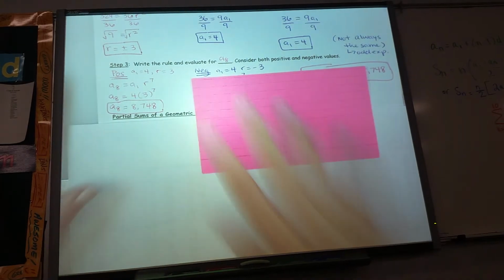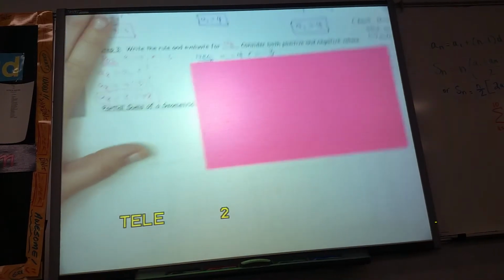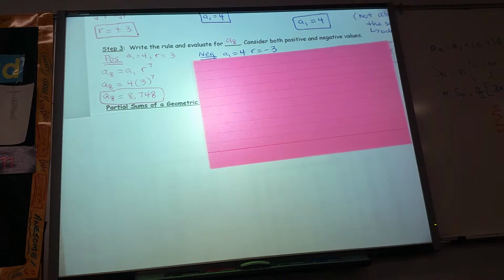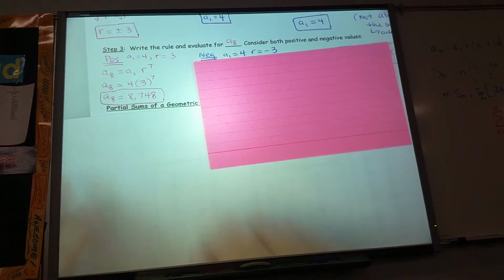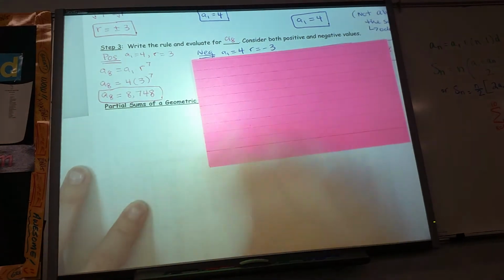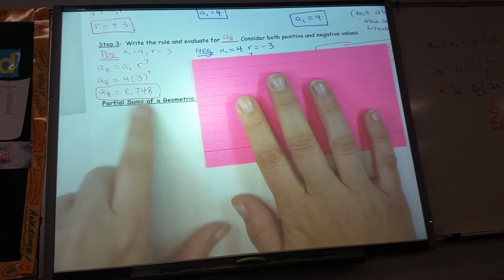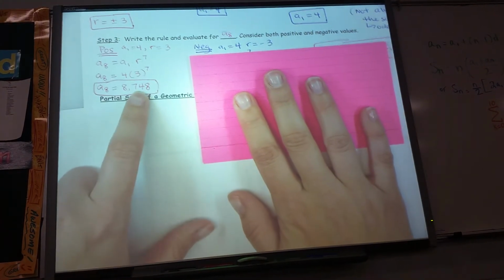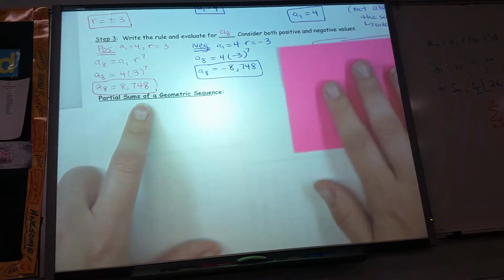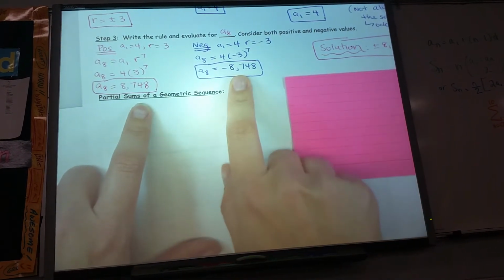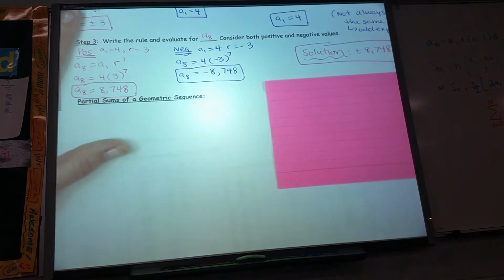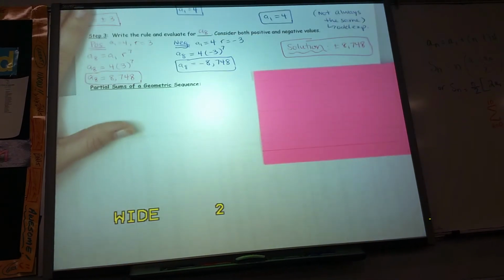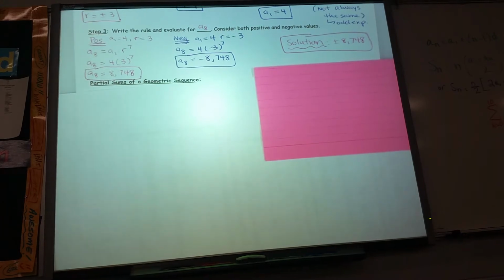Okay, so if we look at the positive, you're going to use a sub 8. They're telling us to find the 8th term. That's why we're using 8. Okay, so if we do 8 minus 1, we get 7. Going to be 8,748. And then when we plug in the negative, just like you guys talked about, because this is odd, you're going to have a negative number. So your solution is going to be plus or minus 8,748.